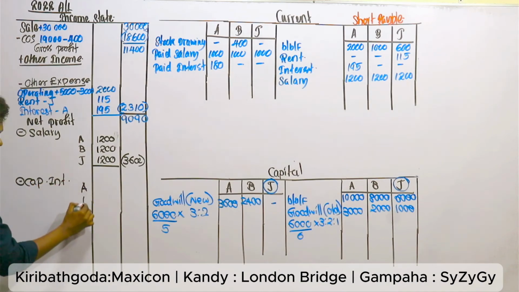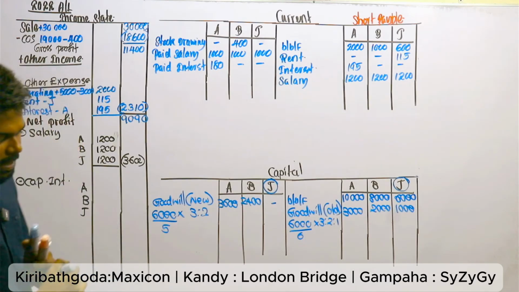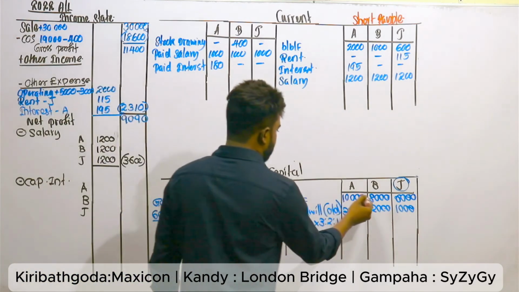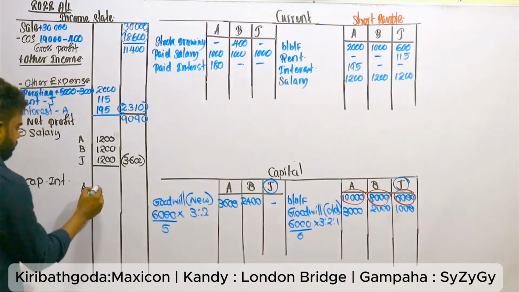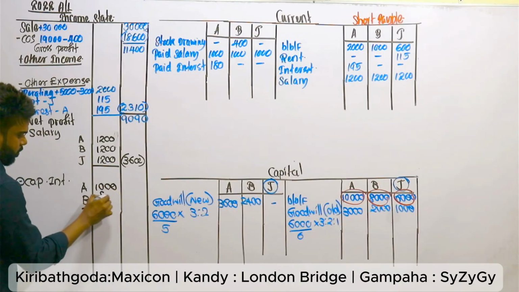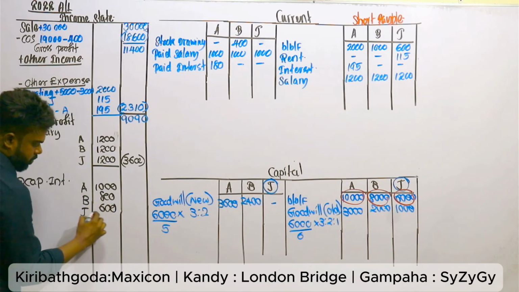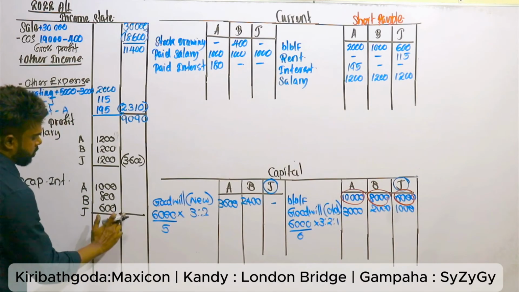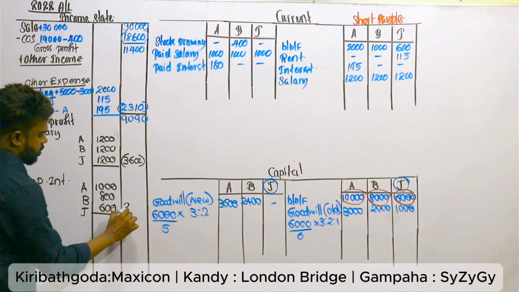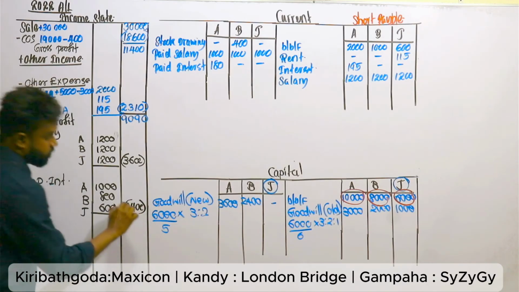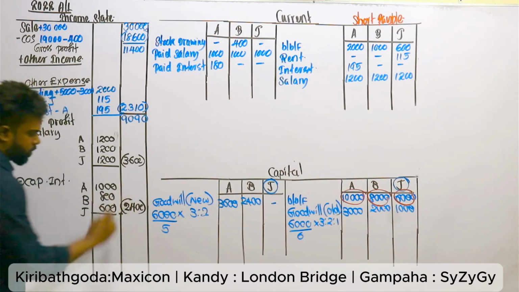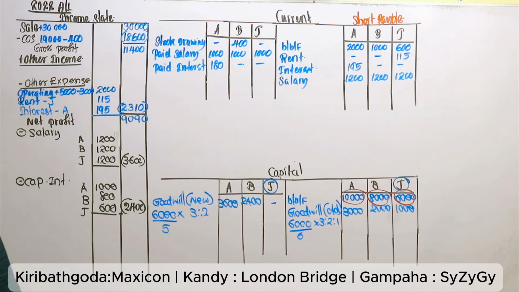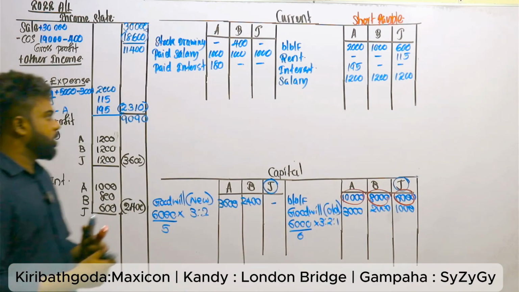Capital interest also, on the opening balance 10%. Just remove one zero. 1,800, 600, 2,400. That one is also payable.